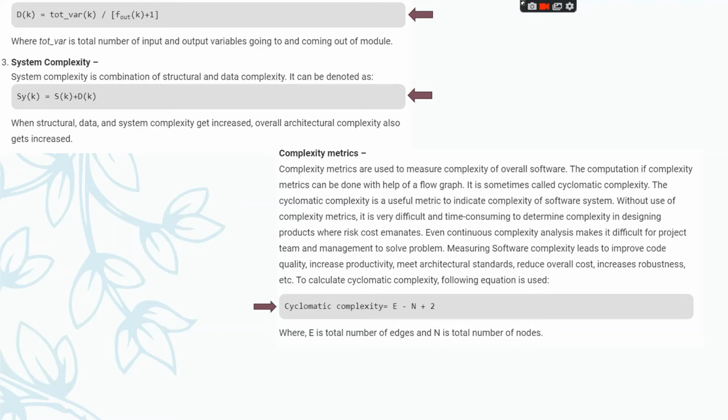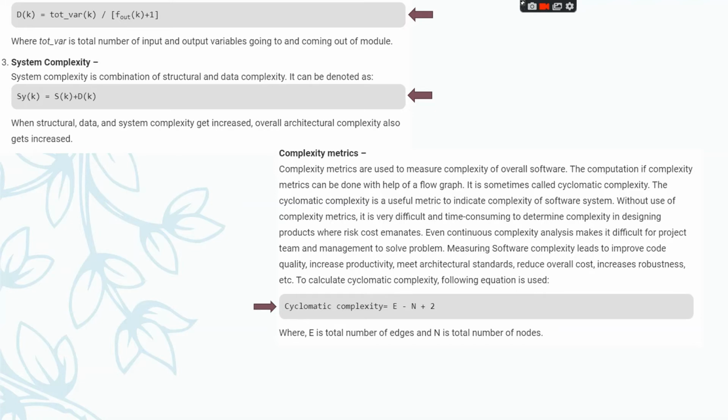Without complexity metrics, it becomes much more difficult and time consuming to determine how complex a particular software is while designing its product. So measuring software complexity leads to improved code quality, increased productivity, it meets the architectural standards, reduces the overall cost, increases robustness, etc. So these are the advantages of using complexity metrics.